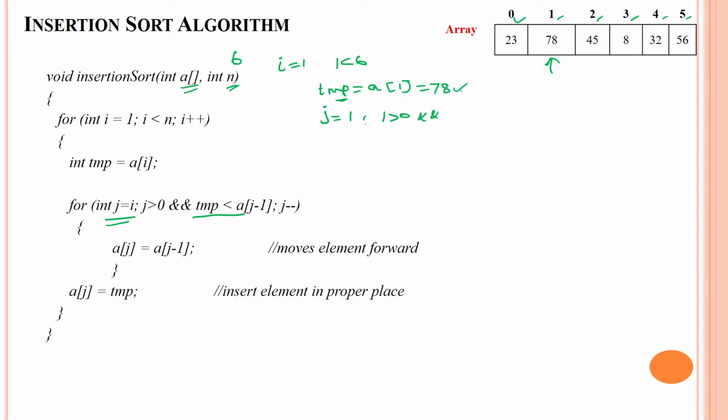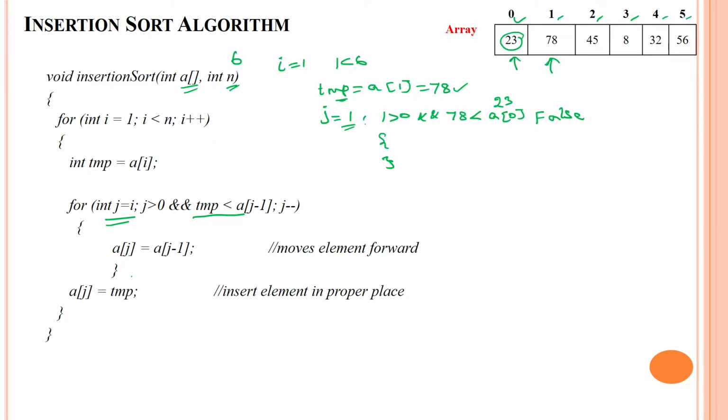Temporary is 78, and a of j minus 1 is a of 1 minus 1, which is a of 0, and that value is 23. So 78 less than 23 is false. If this condition is false, this for loop will not execute.